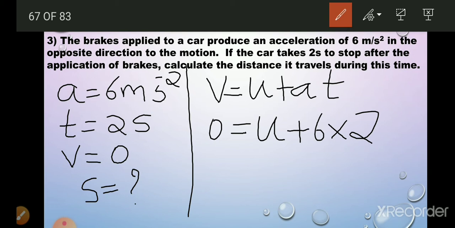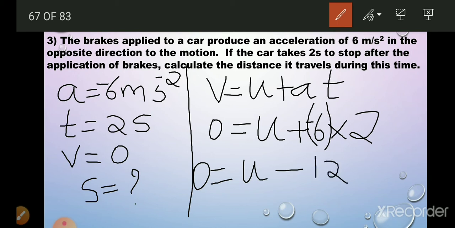Acceleration here is minus 6 because it is in the opposite direction. So just mention minus 6. Minus 6 into 2, so 0 is equal to u minus 6 twos are 12. So u is equal to 12 meter per second.